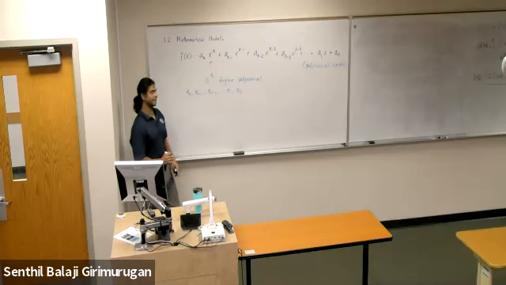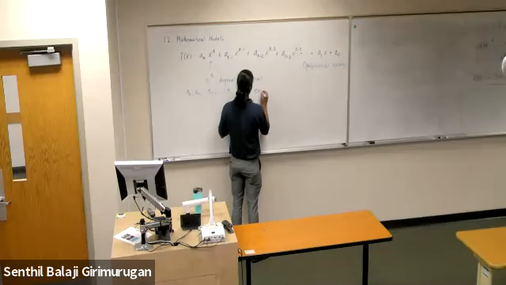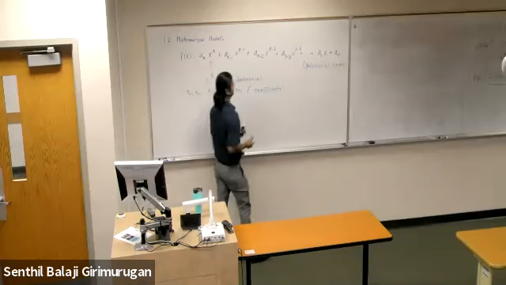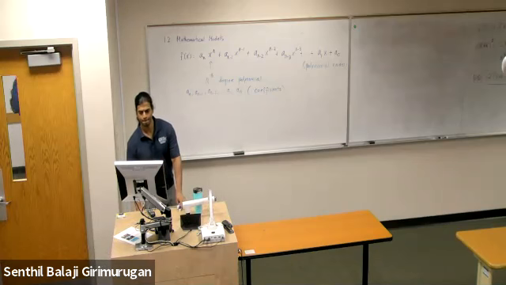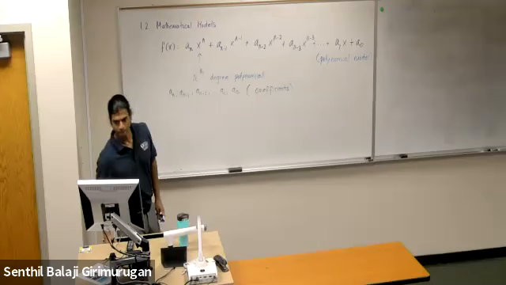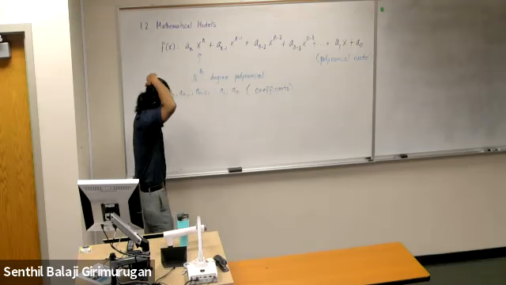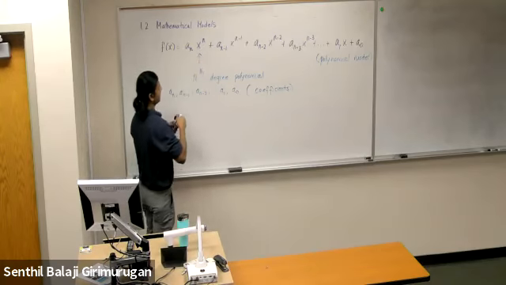They're all constants, and they are called the coefficients of the polynomial. So we have n plus 1 coefficients, and they're all constants. And this term right here is called the leading term.